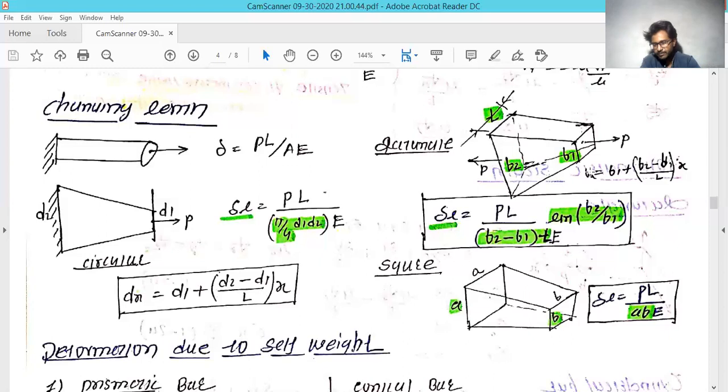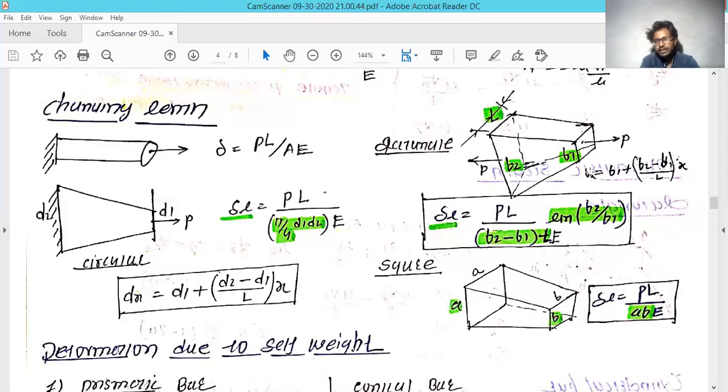In this cross section, the bigger section is indicated as a, and the small cross section at the other end is indicated as b.